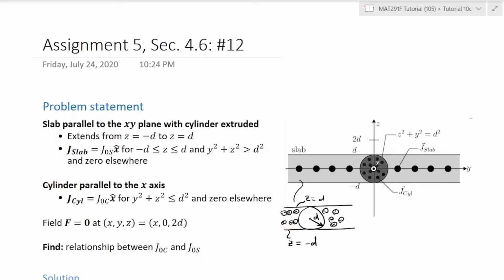The second object is the cylinder that's parallel to the x-axis. So this would be this cylinder shown here. And the current density of the cylinder is equal to J naught C x hat when the distance from the x-axis is less than or equal to d.